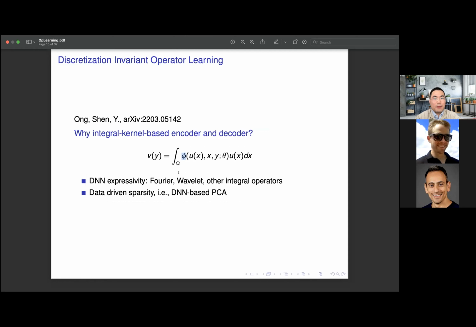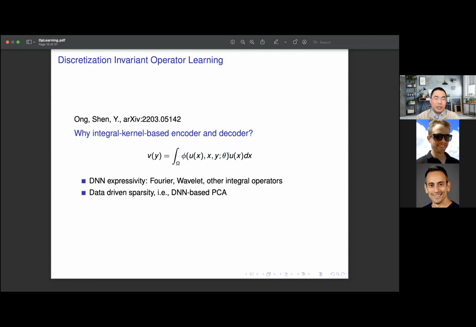For example, we can prove that if we use a neural network to parameterize the function with some parameter theta, it can approximate typical integral transformations with high accuracy, for example, Fourier transform, wavelet transform, or other integral transforms that might be interesting.